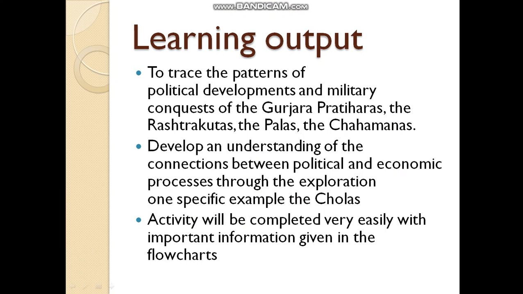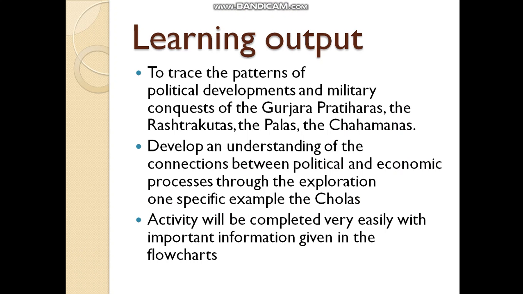Now, what are the learning outcomes? What are the things that we have actually learned today? To trace the patterns of political developments and military conquest of the Gujara Pratiharas, the Rashtrakutas, the Palas, and the Chahamanas. These are the kingdoms and empires that had come up. Now, develop an understanding of the connections between political and economic processes through the exploration.